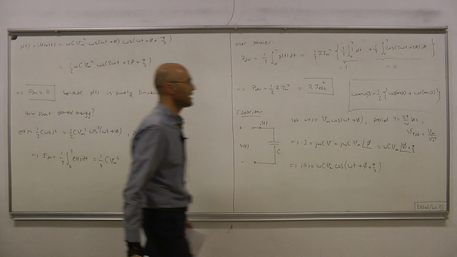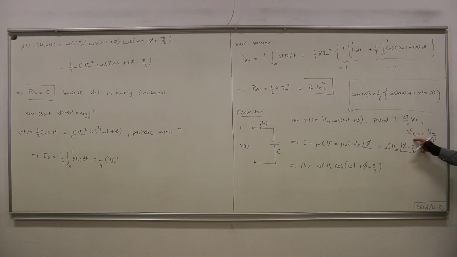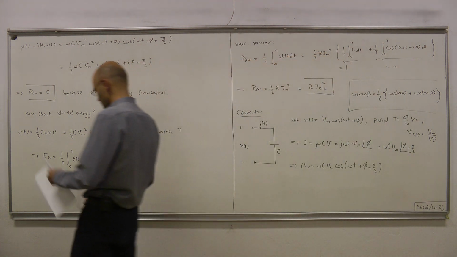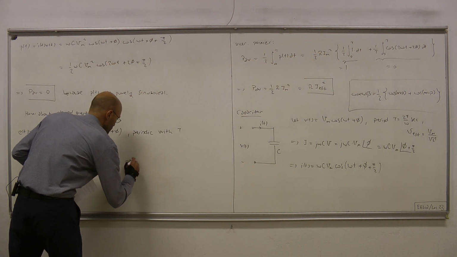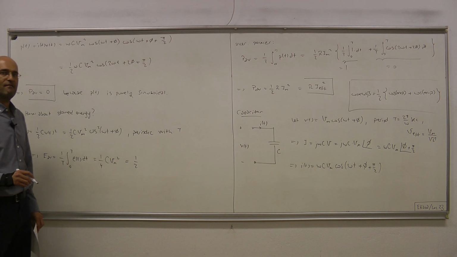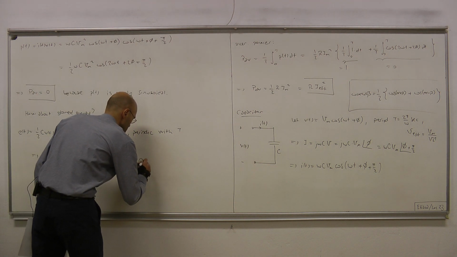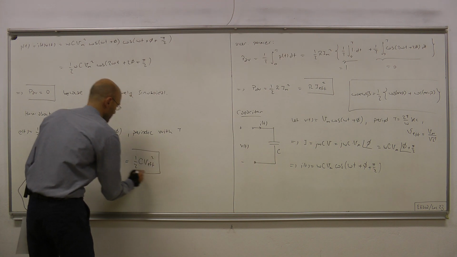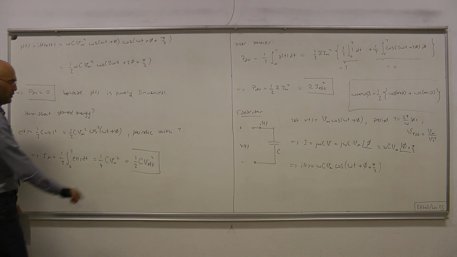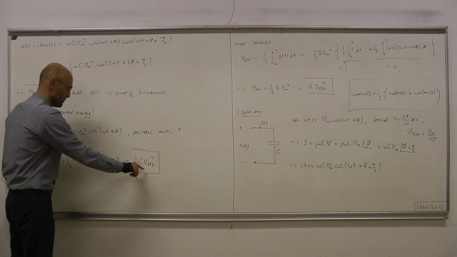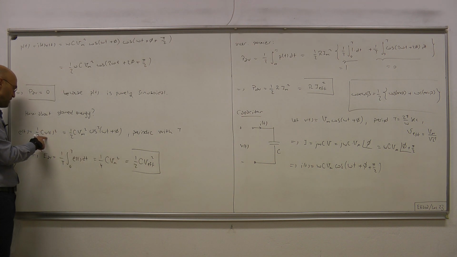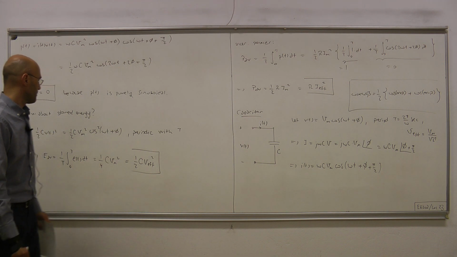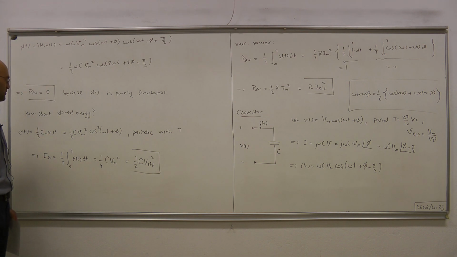And then remembering that the effective value of the voltage is that magnitude divided by square root of 2, we can write this in terms of the effective value of the voltage as 1/2 C V effective squared. Which is a little bit nicer because it has the same form as the instantaneous stored energy identity, 1/2 C V squared.